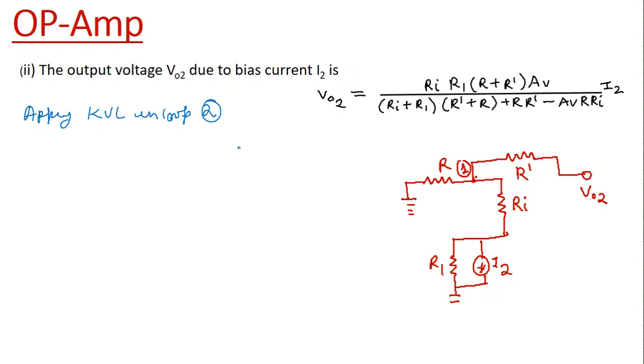So what is our loop 2? It will be like this, starting from R through Ri and R1 to ground, like this. This is our loop 2.